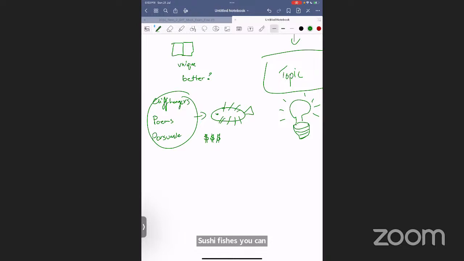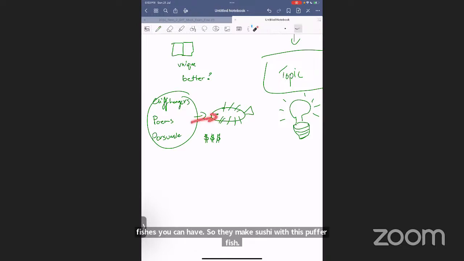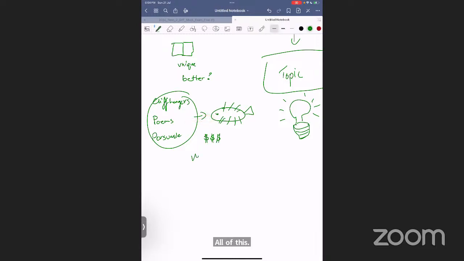Now, the reason I said all of this is like a puffer fish is because all of this is very, very good if done well. If you do it really well, it's amazing, but it's very easy to mess up.